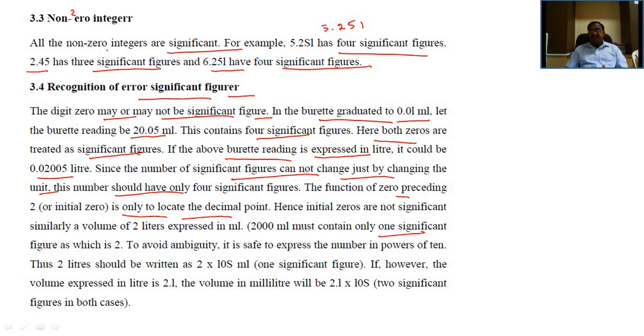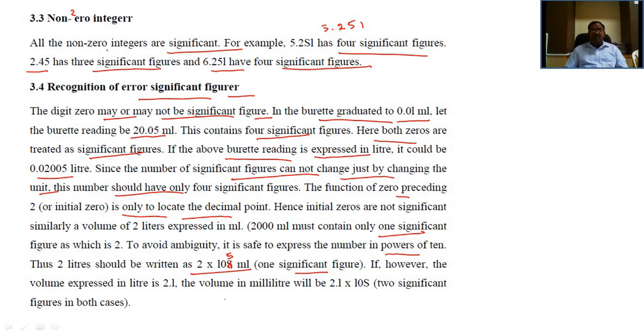To avoid this ambiguity, it is safe to express the number in powers of 10. Thus, 2 liters should be written as 2 into 10 to the power of 3 ml, having only 1 significant figure.